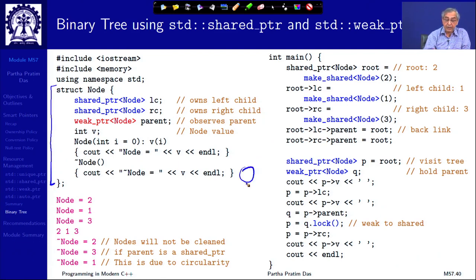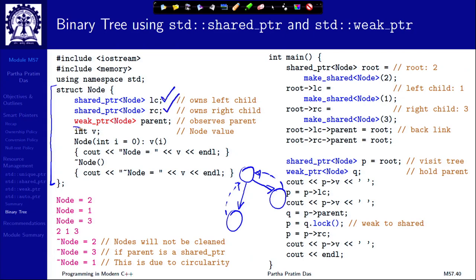So you have a node, you have 2 child pointers to others, and each child has a parent pointer. The child pointers are smart pointers, left child and right child, whereas the parent pointer is a weak pointer. So that is how you break the cycle, right.